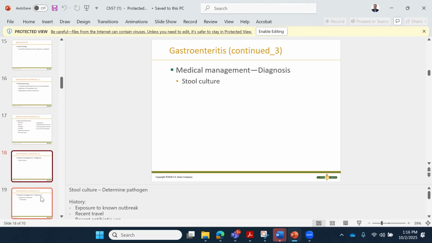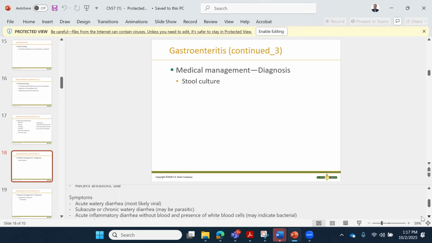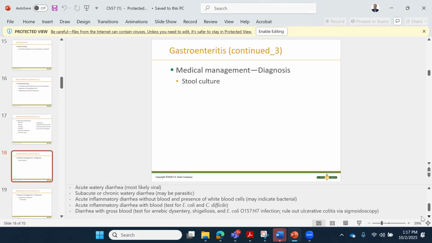Also, for gastroenteritis, it is important that the patient has a stool culture. And viruses are often more common than bacteria in some cases with gastroenteritis. And that's why it's good to have a good history from the patient as it relates to recent travel.